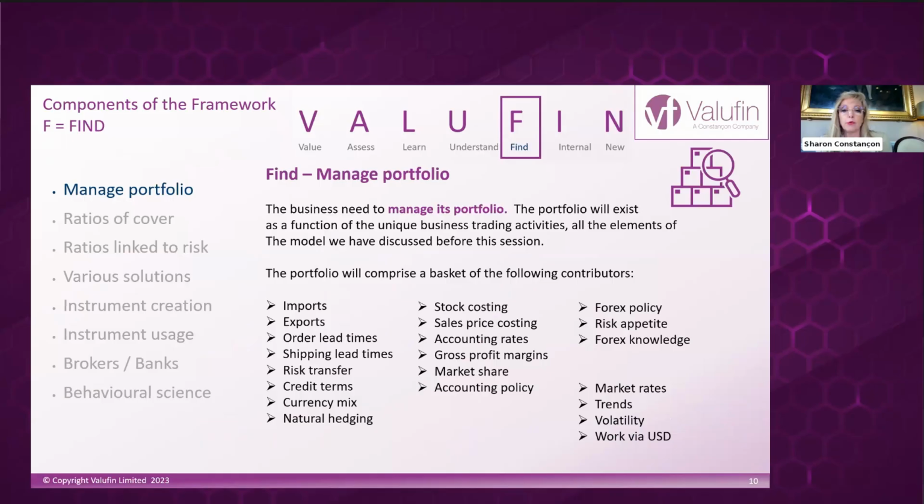So let's look through those elements in more detail. Let's manage the portfolio. Now, the portfolio is probably contained mainly in the lesson that we had, the previous one, which is where we were looking at understanding the business, looking at the supply chain of the organization.